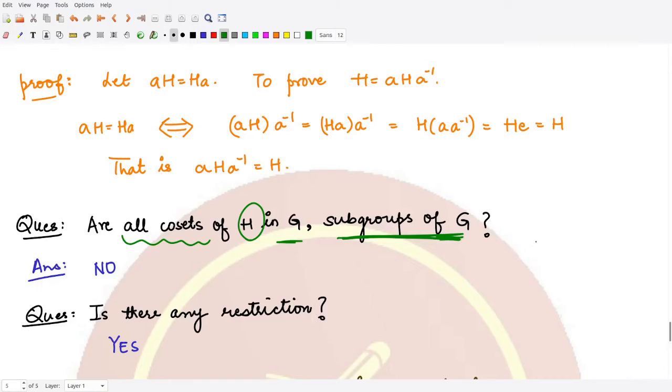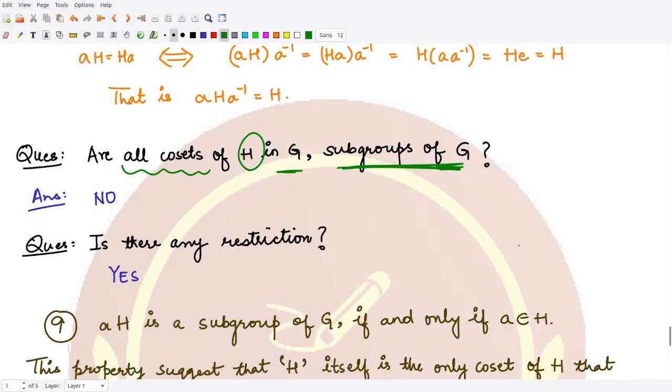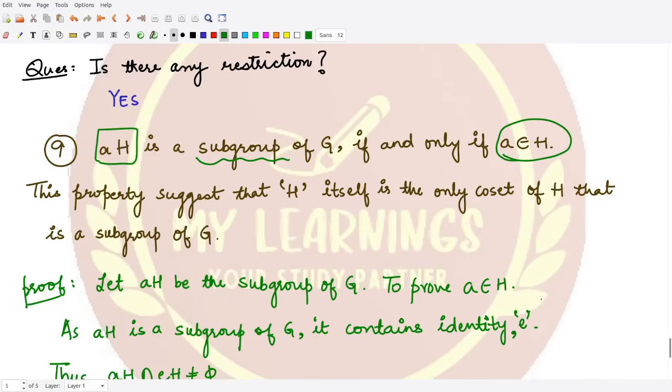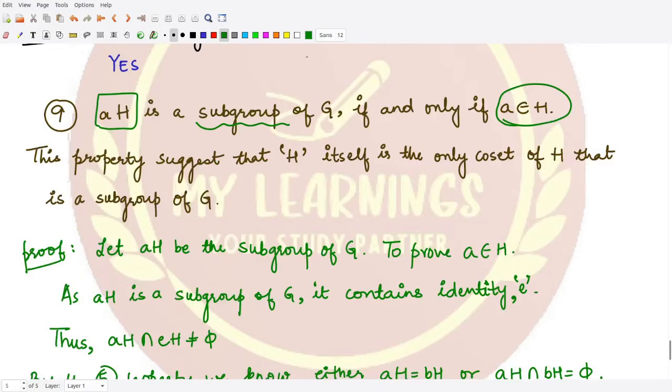What is that? This is given by our ninth property. It tells us that if AH, the left coset, is a subgroup of G, if and only if this element A belongs to H. And you see this is a beautiful property. Why? Because in this case the property suggests that H is the only coset of H that is a subgroup of G. Why?